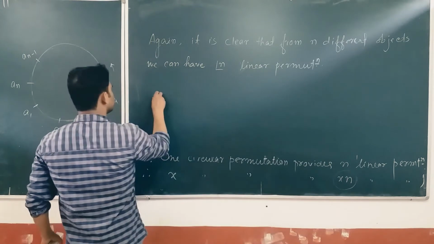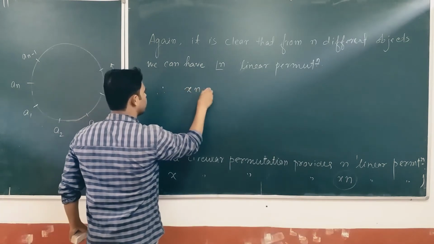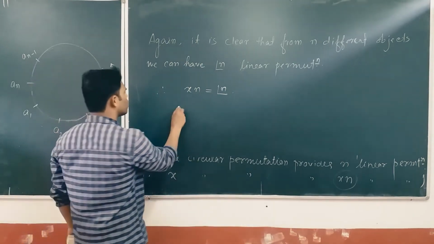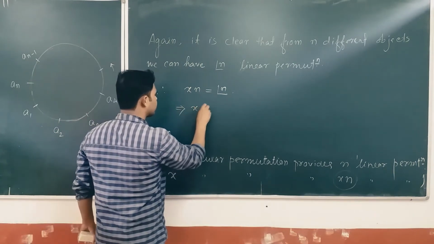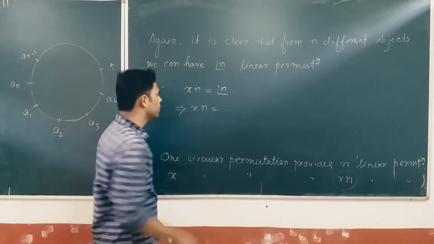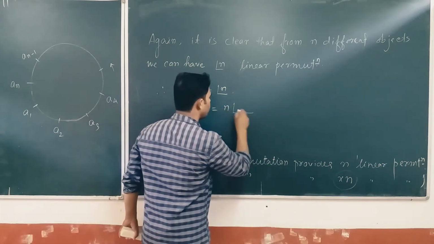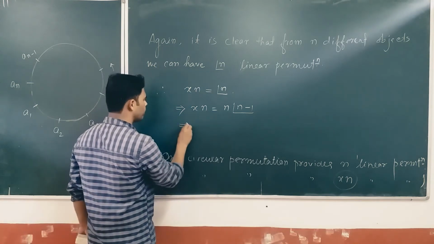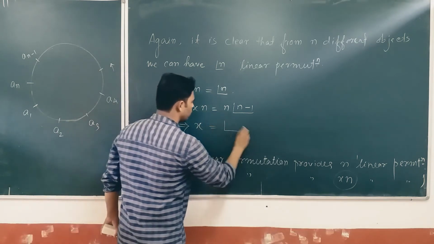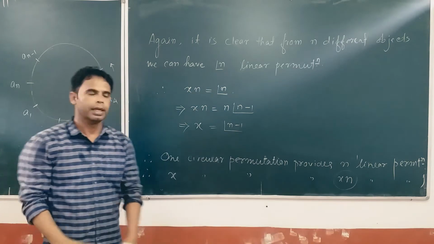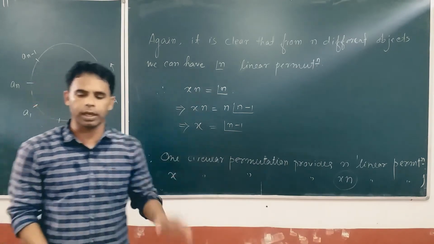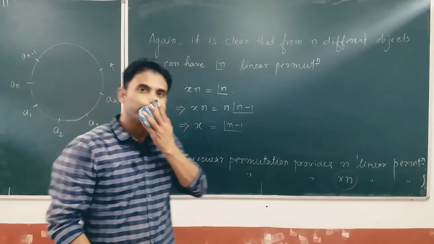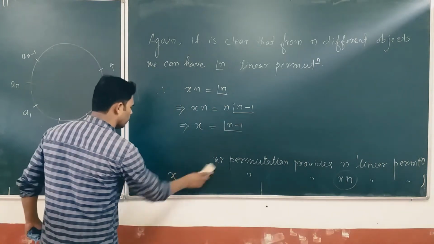So therefore you can say xn is equal to factorial of n, and so that implies xn equals factorial n by theory, it is obviously n into factorial n minus 1. So cancelling this n you will have x is equal to factorial n minus 1, and what was x? x was the total number of circular permutations. So that is the proof of the theorem.